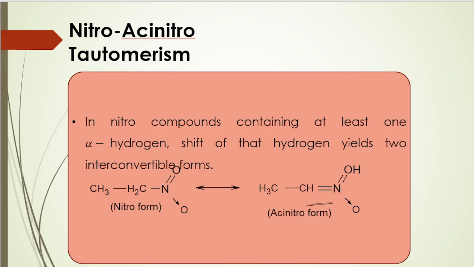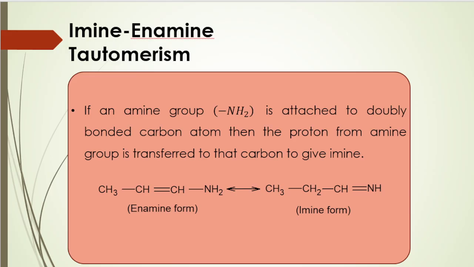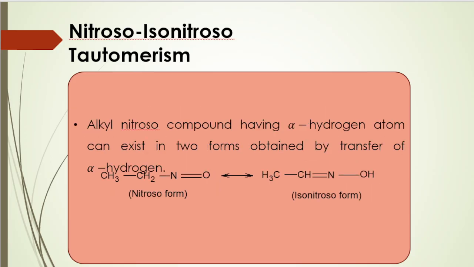Now the next one, imine-enamine tautomerism. Imine is nothing but a double bond between CH and NH. Enamine: amine means NH2, ene means double bond, so enamine and imine. Because of the transfer of hydrogen from here to here, there is a double bond transfer from enamine to imine, and this is also a tautomerism as they are interconvertible from one another.